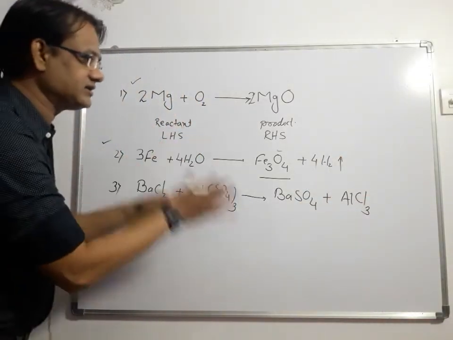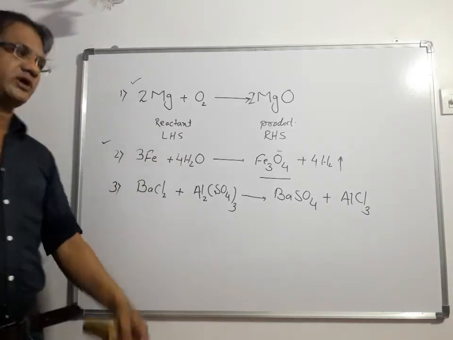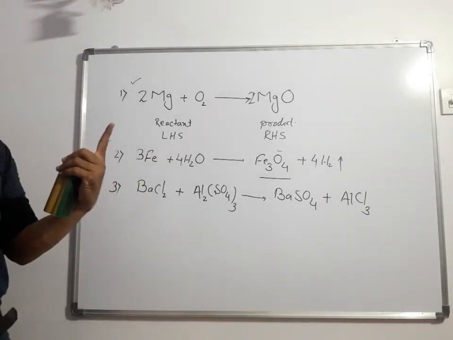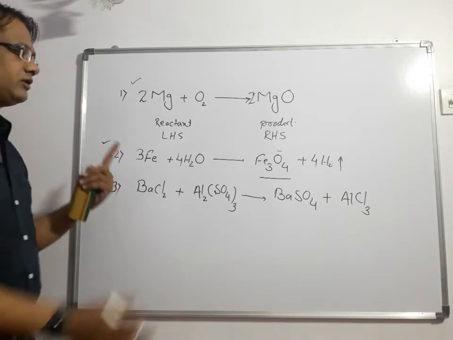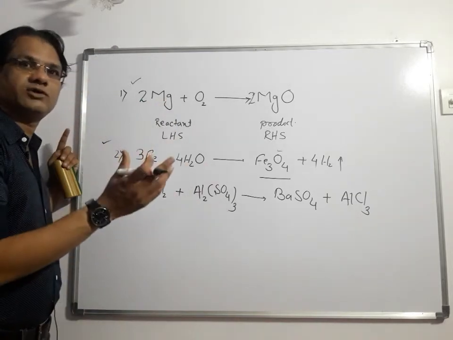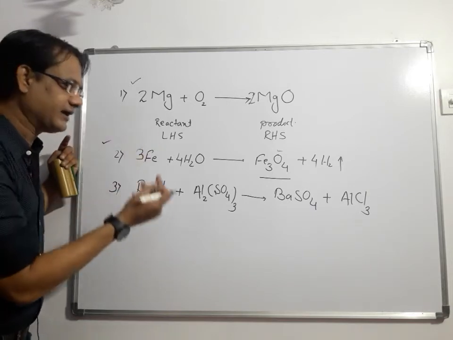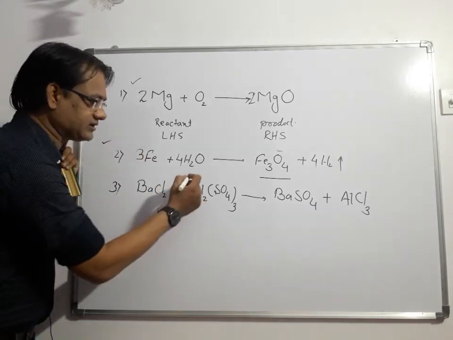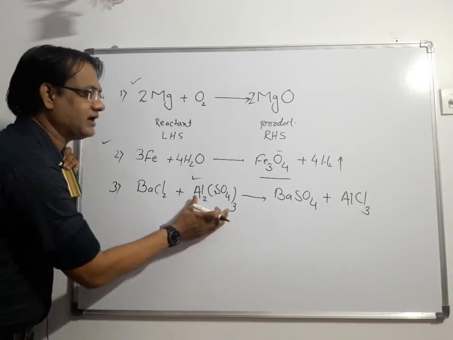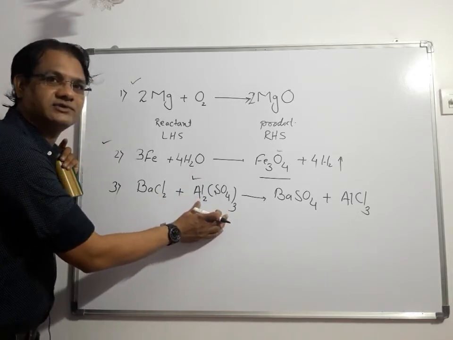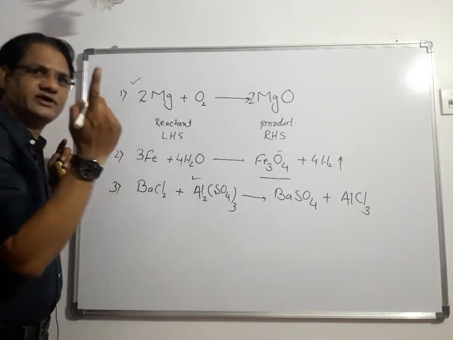Now we have to balance this equation. First point, what will we do? We will choose the molecule which has the highest number of atoms. So I pick this molecule because it has the highest number of atoms. Okay, this is the first point.